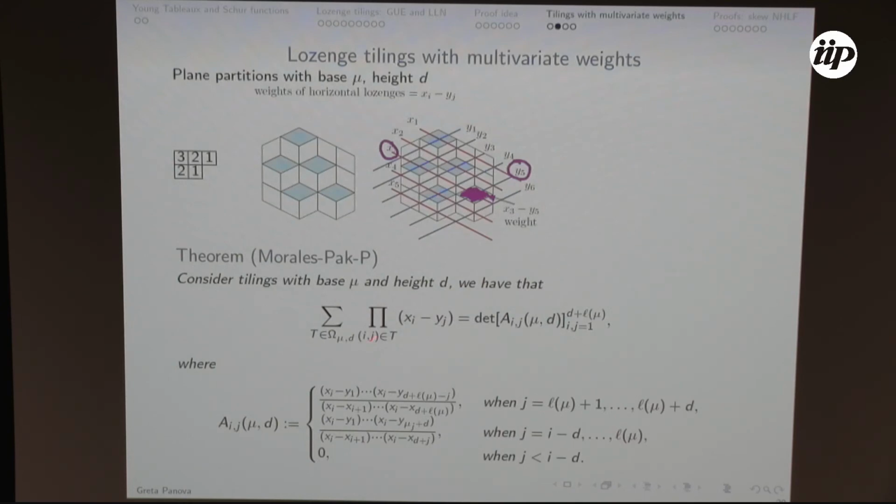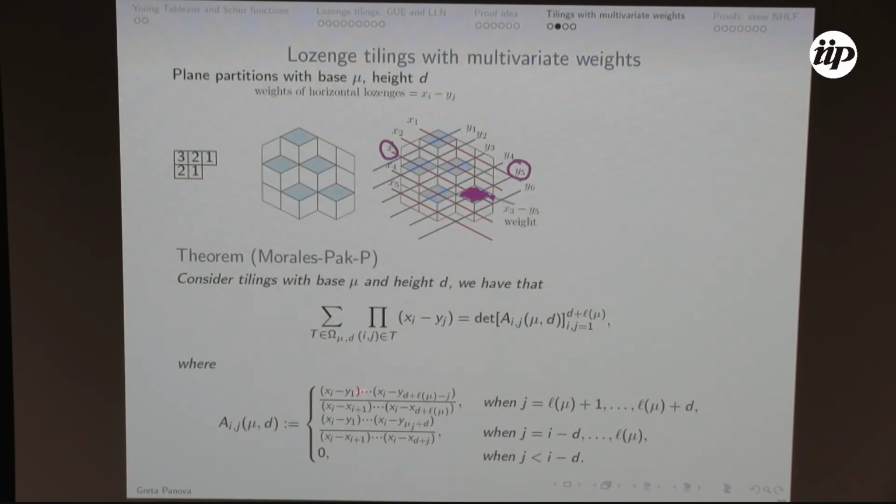And if we go over all tilings under these weights, it turns out that we have a determinantal formula, and you might say, oh, but this is non-intersecting lattice path integrable. We already have a determinantal formula. Well, this is a different determinant, and probably a lot nicer than what you would get by just doing non-intersecting lattice paths.